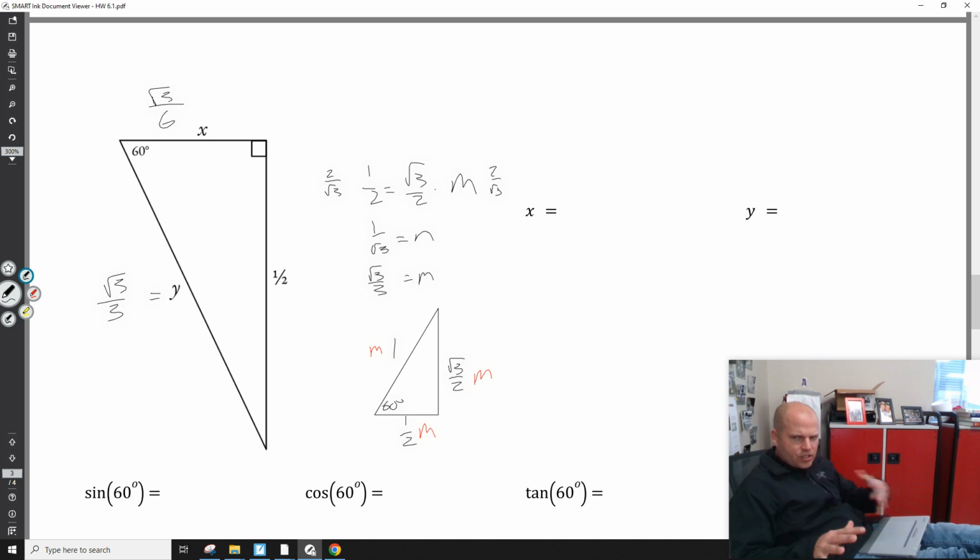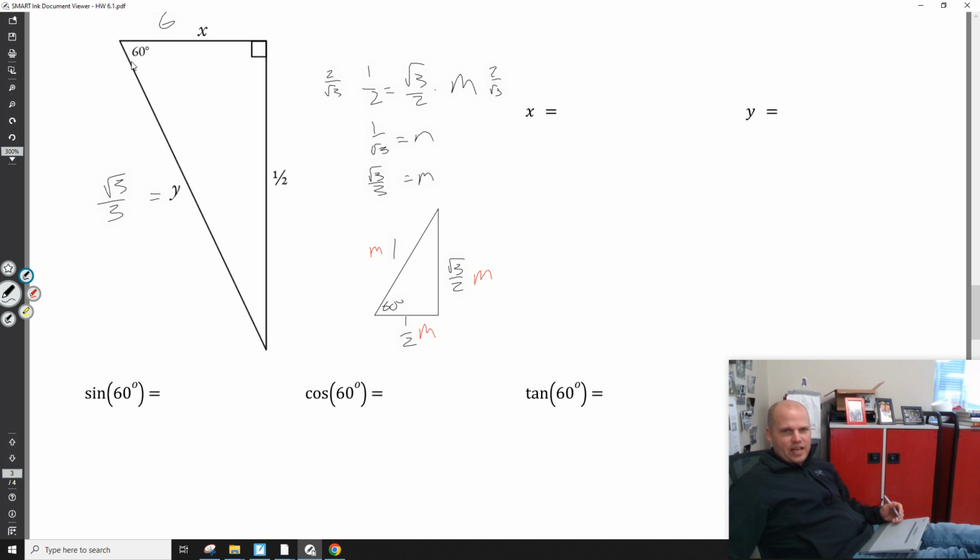There are other ways to do this. I'm sure a lot of you have done it different ways, like if you're checking your answers. But this is how I like to do it. Cool. Now, what you'll find is if you did the sine of 60 degrees, this is your angle. The sine is opposite over hypotenuse.